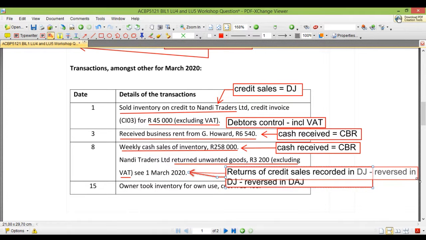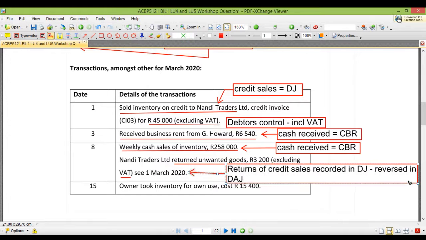Okay, so we are going to reverse that initial entry and go put it in the debtors allowance journal. But what was very important to note here is that this amount is excluding VAT. So we will have to include the VAT when we capture the debtors control account.